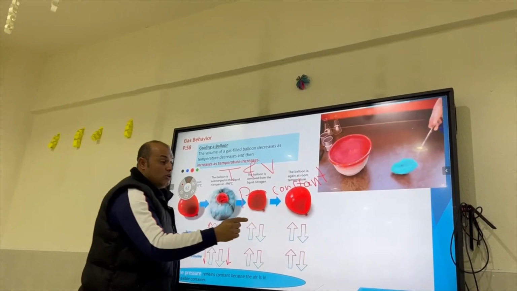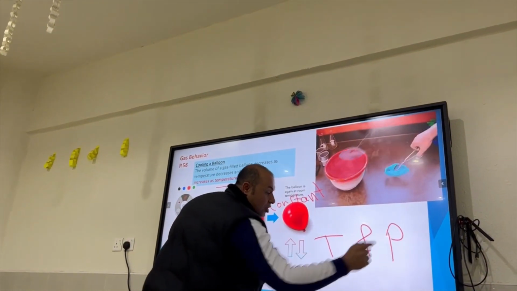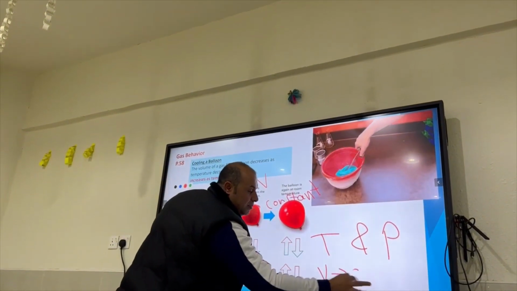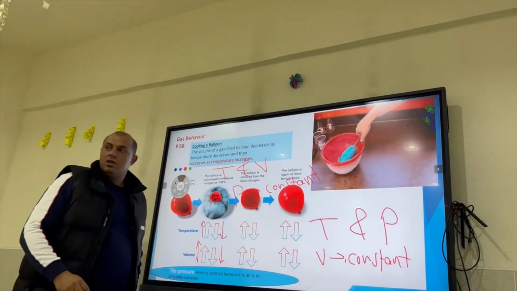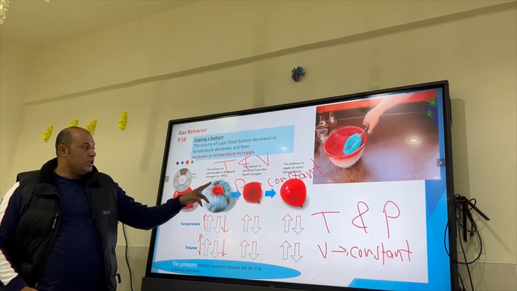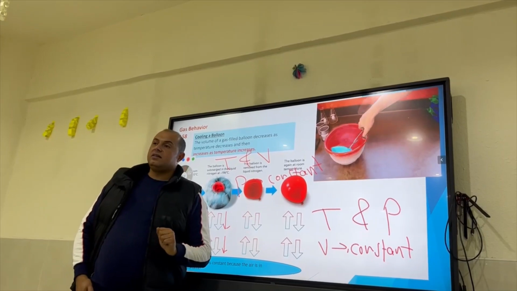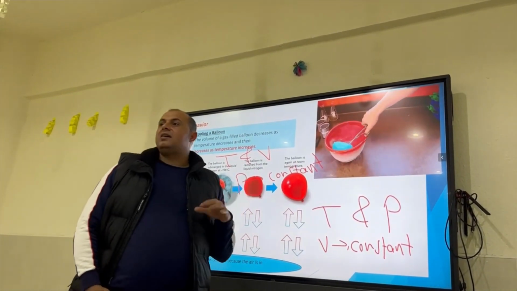If I want to make a relationship between temperature and the pressure, volume must be constant. So if you want to construct any relationship between two parameters in gas, the third one must be constant. This is the Charles law in a simple way.